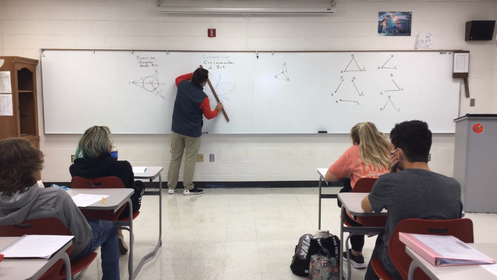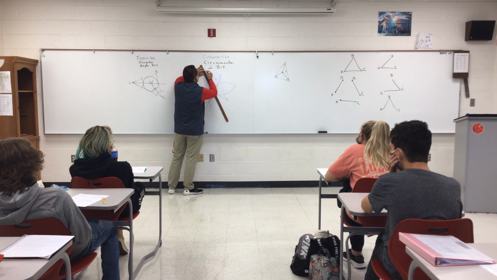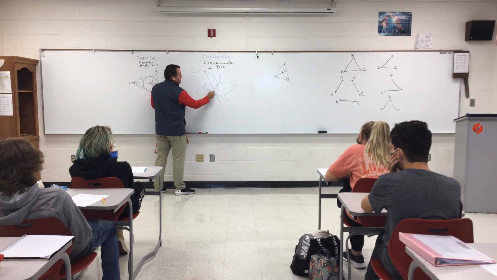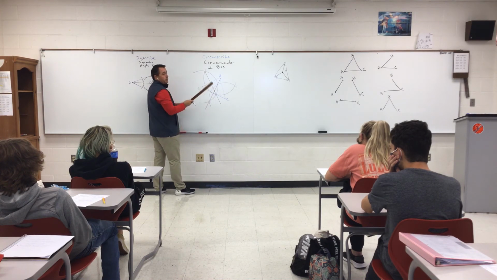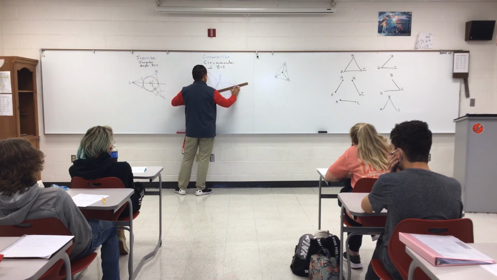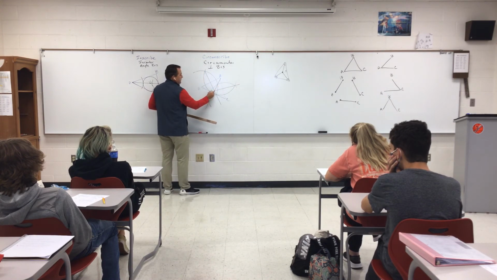I draw this one in. That's another perpendicular bisector. And now, see they cross right there? If I draw this other one in, what should happen? It should go in that same point if I did it right. Whereas this one, that's pretty close. Okay? So there's the circumcenter.